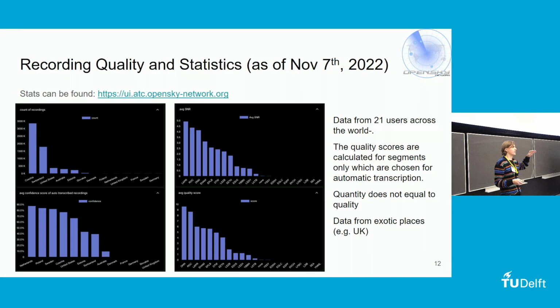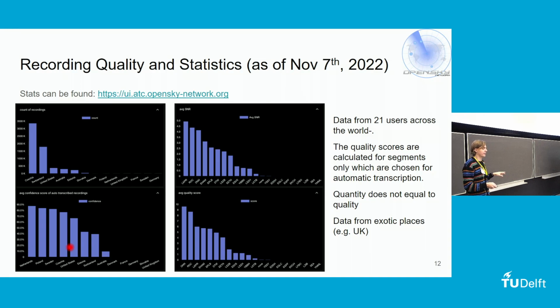When the recording's signal to noise ratio is below some level, I think currently it's 3 or 5 decibels, then we are still keeping it in our storage, because in future some algorithms will probably behave better and we can reduce the thresholds, but currently these are not being annotated. So everything, let's say, above 3 decibels is going to be annotated, and the annotation platform is giving it a quality score.